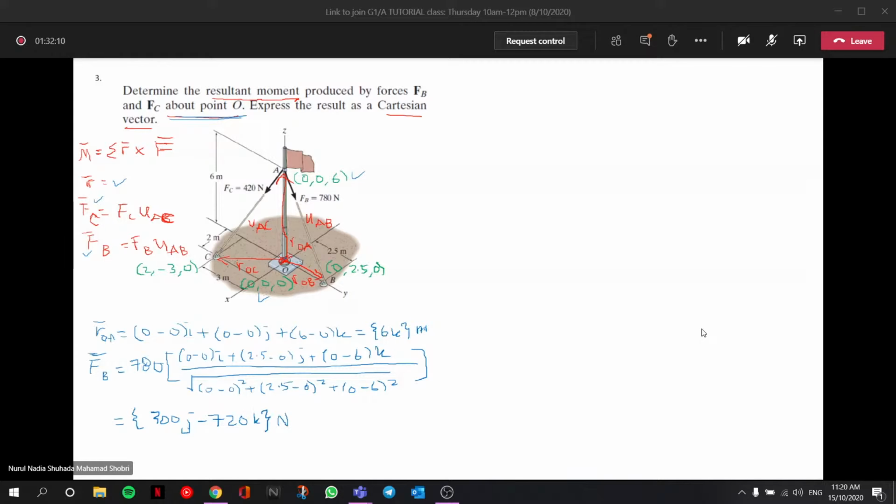Okay, so we settle this one, and now we find the F vector for FC. The force value of FC is 420.